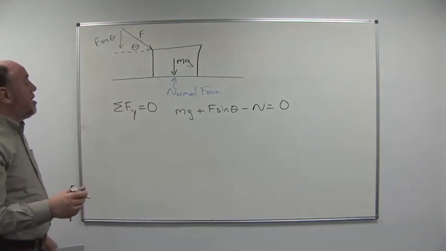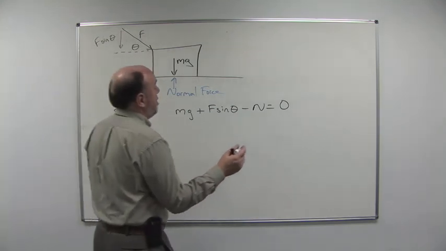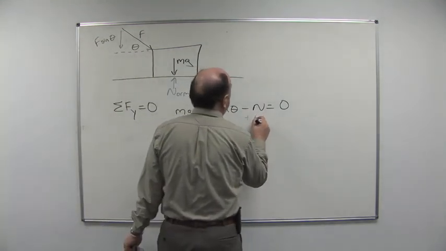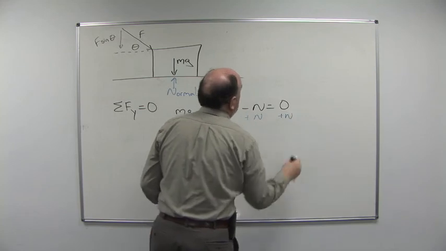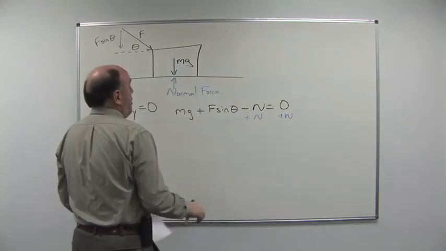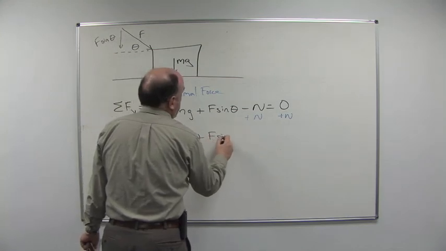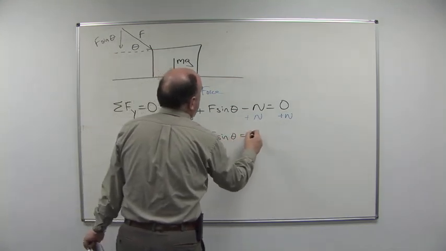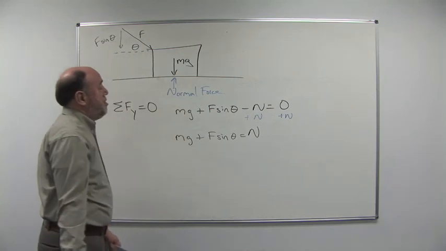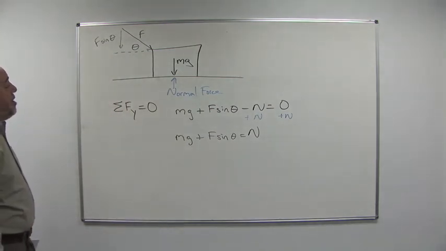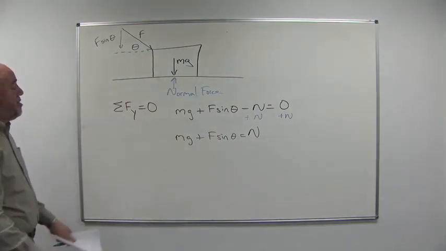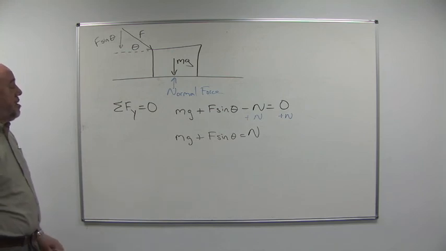Again, we can solve for n by bringing n to the other side, and the normal force will be given by this. So my normal force in this scenario will be greater than the normal force in my first scenario.